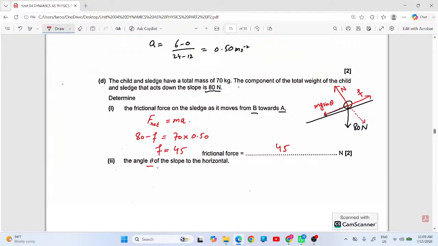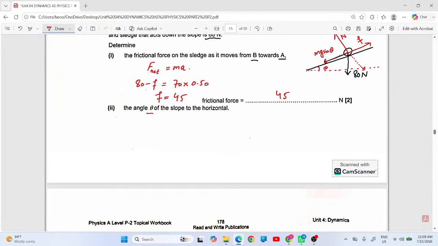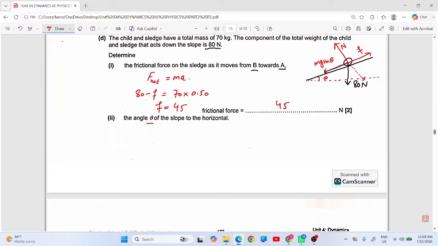The angle theta of the slope to the horizontal. अब आपने एंगल थीटा फाइंड करना है ना हॉरिजॉन्टल। ये एंगल थीटा, तो थीटा फाइंड करने के लिए हम लिखते हैं m g sin theta. कौन सा फॉर्मूला लगाएं?